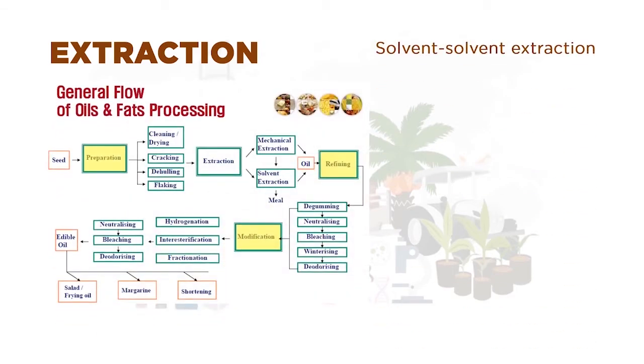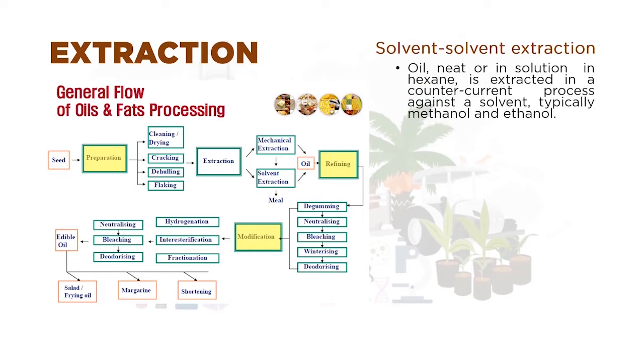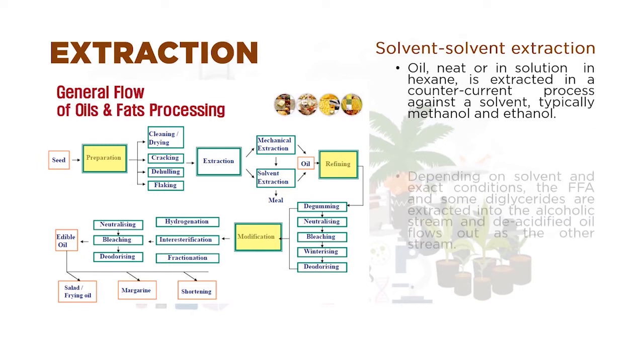The first stage of processing of confectionery fats is the extraction process. In this process, the common method usually used is solvent-solvent extraction. During the solvent-solvent extraction, oil, neat or in solution in hexane, is extracted in a counter-current process against a solvent, typically methanol and also ethanol.